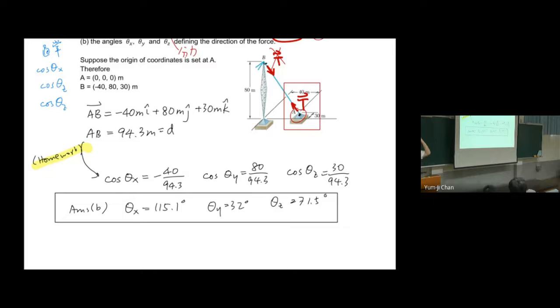So to determine the force components, let me give you an idea, and you can work at home. You can find it on notes page 14, or in the textbook it is equation 2.20.